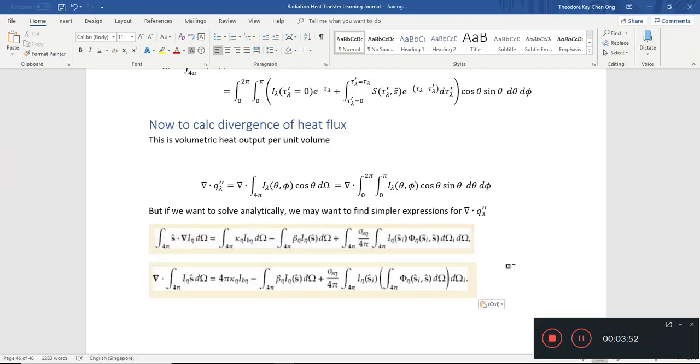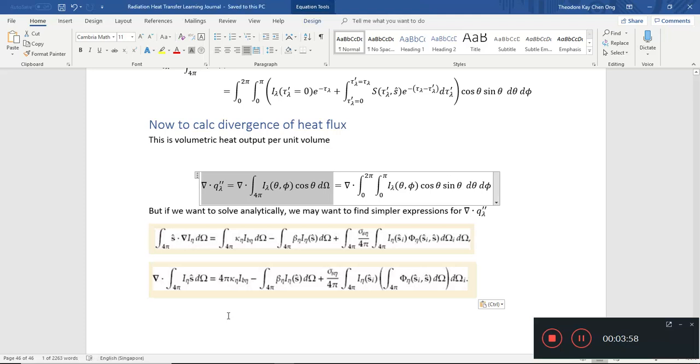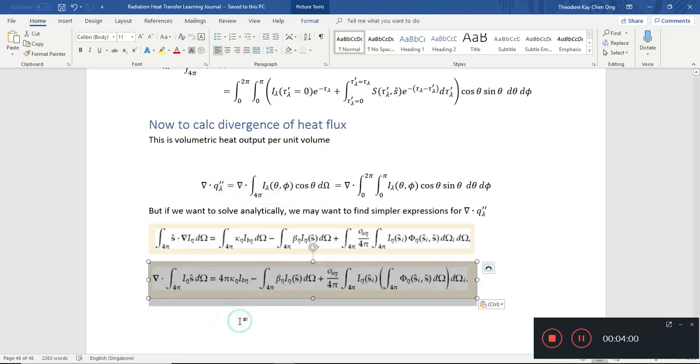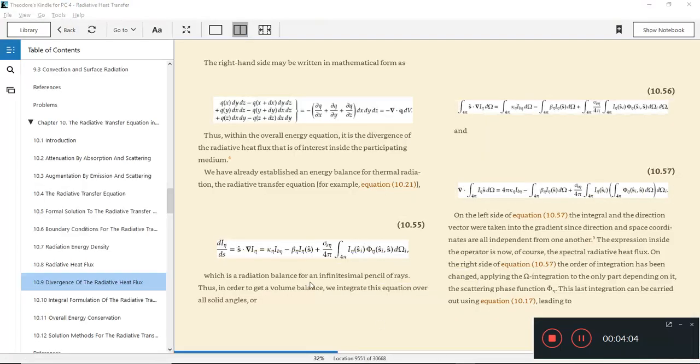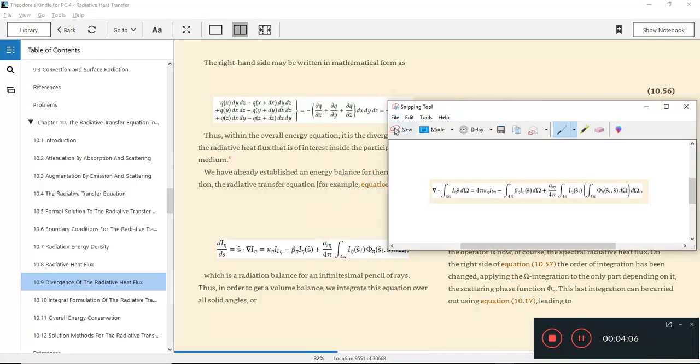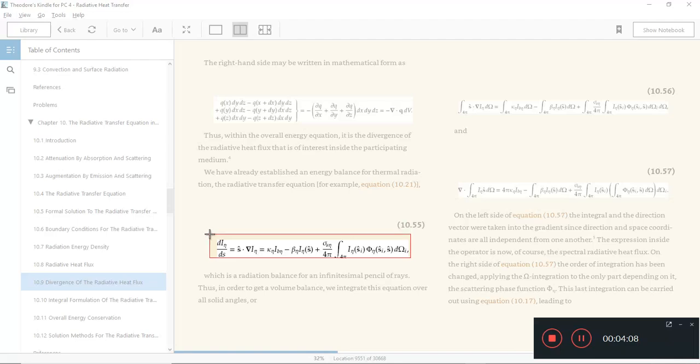So basically, where can divergence already be seen in the radiation transport equation? Normally, the radiation transport equation looks like this equation here.